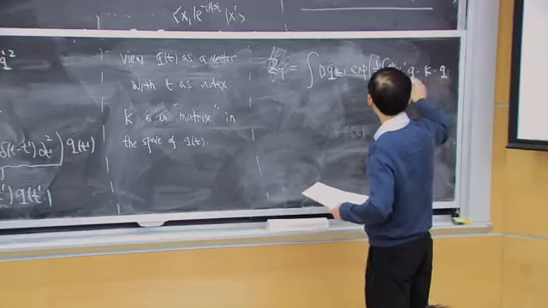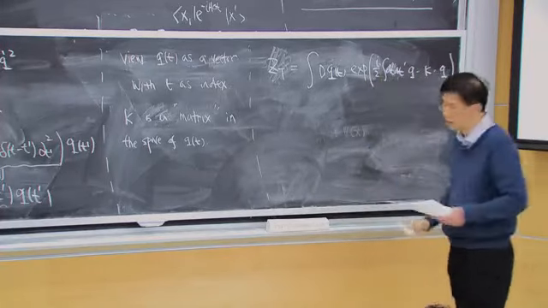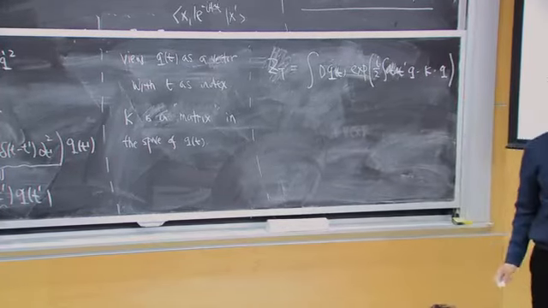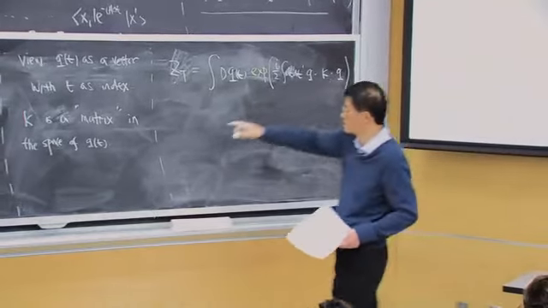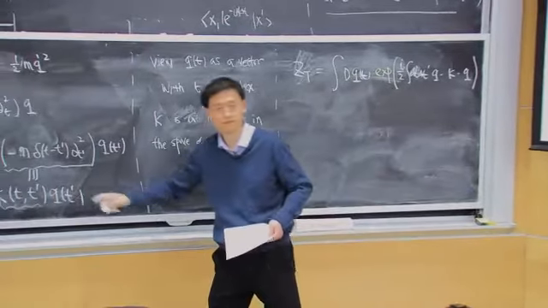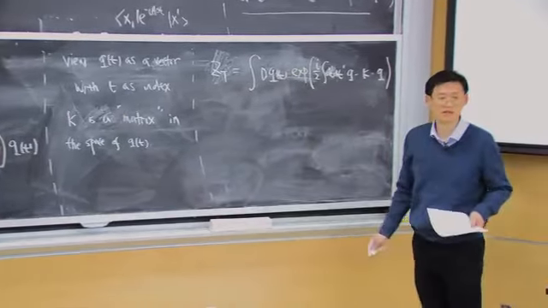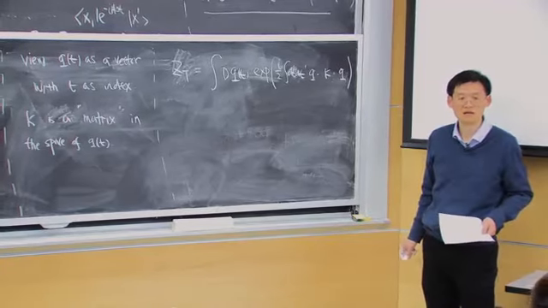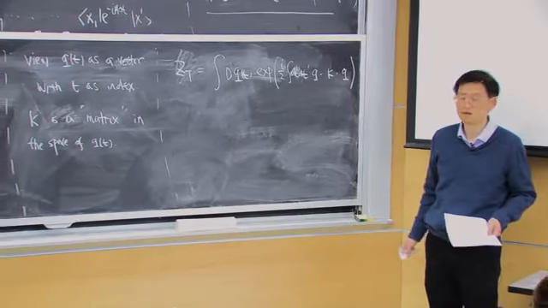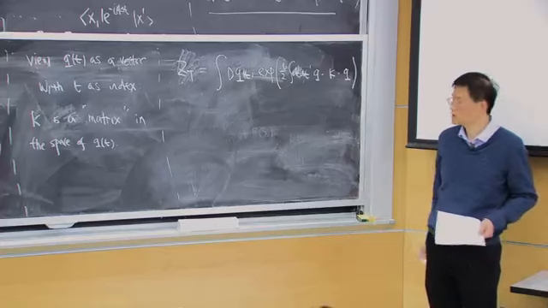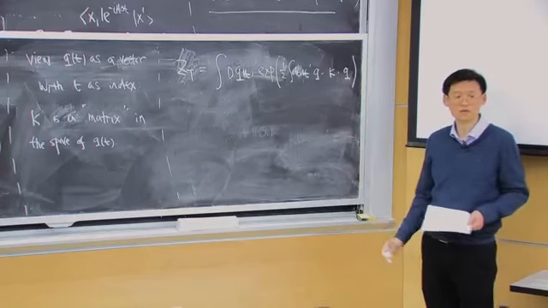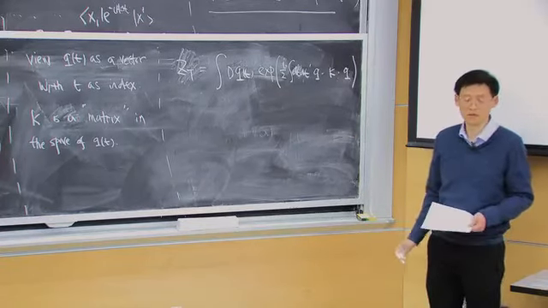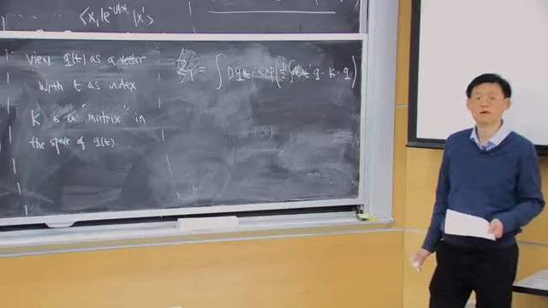Let me just use this simplified notation. You should view this as the same as that expression. Okay, yes? Is it ad hoc that you left the first q as a function of t and not made it a function of t prime instead? It doesn't matter. You can do it that way too. It won't change anything. Okay?